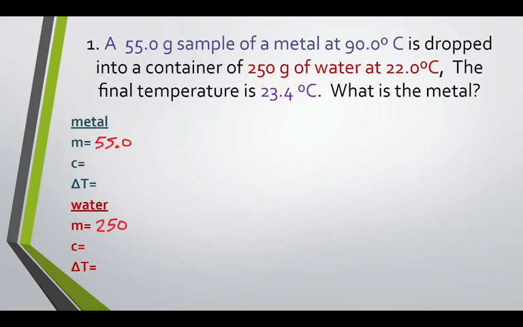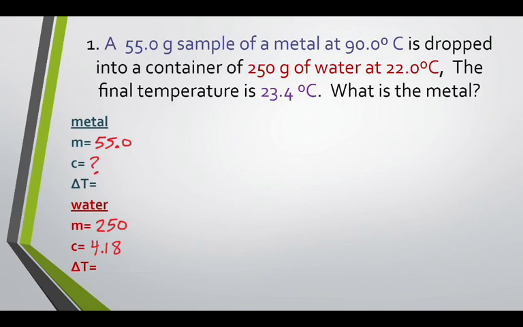It tells us that the final temperature of the system, so both the metal and the water's final temperature, is 23.4, and then it asks us what is the metal. So remember, we're going to be solving for the specific heat of that metal, and we know that water's specific heat is 4.18. So the last thing that we need to find in order to answer this question is the change in temperature of our water and of the metal.